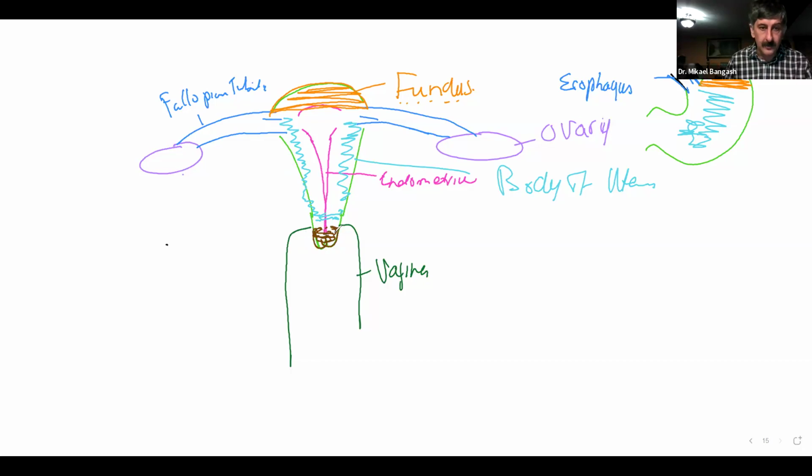This end of the uterus that protrudes into the vagina is what we call the cervix, or we can say the cervix of the uterus.